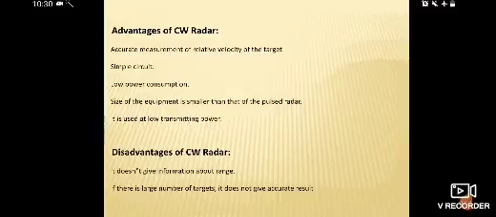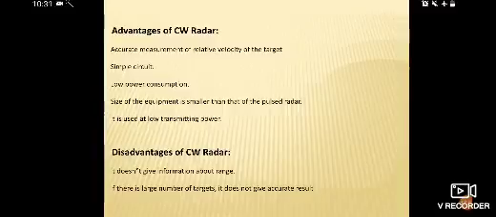So these are the advantages and disadvantages of the CW radar. I haven't yet written the applications of CW radars. It is mainly used for measuring the speed of automobiles or missiles, and is also used in sports to measure the speed of balls like cricket and tennis balls.